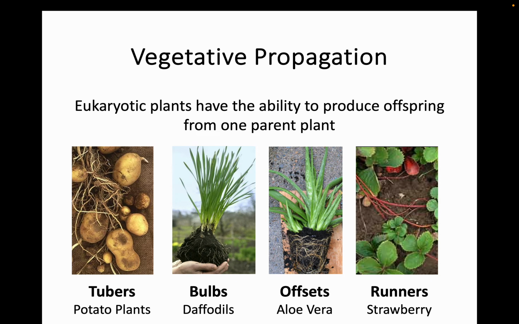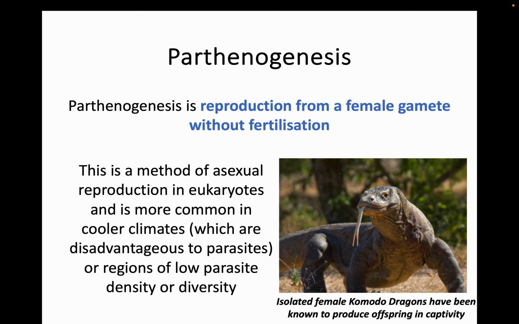You can plant bulbs of daffodils. You have various parts of, say, aloe vera that can bud off that you can go and add. And then you have runners from strawberries. So you have these plantlets that take off and trail along the ground and then eventually release their own roots and break away from the parent plant. But these are all asexual reproduction.